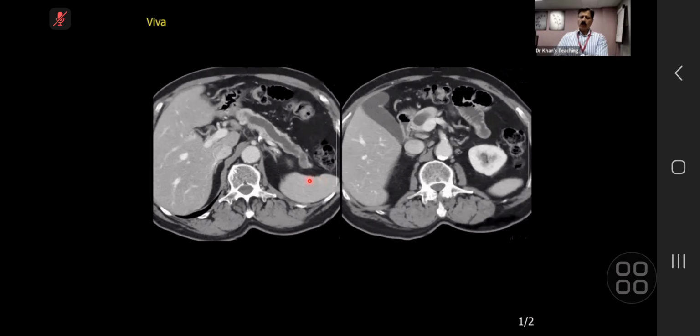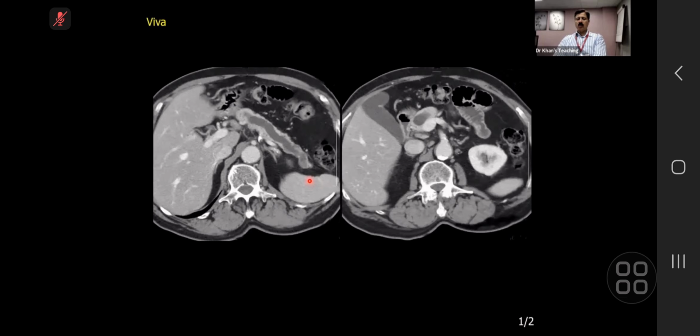Pancreatic adenocarcinoma, why did you say that? As a differential for the dilated duct. So you mean to say that the pancreatic duct is dilated and you are worried that something is causing this dilatation, and whatever it is, it might be within the head. That is why you said it, right? Yeah. Okay.